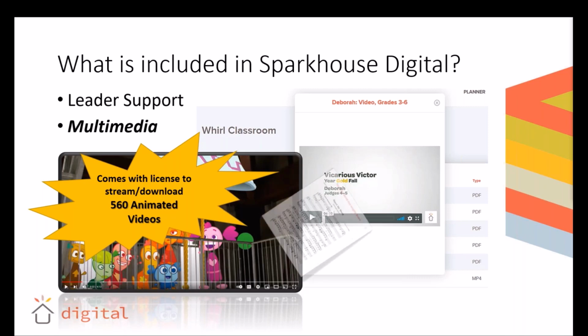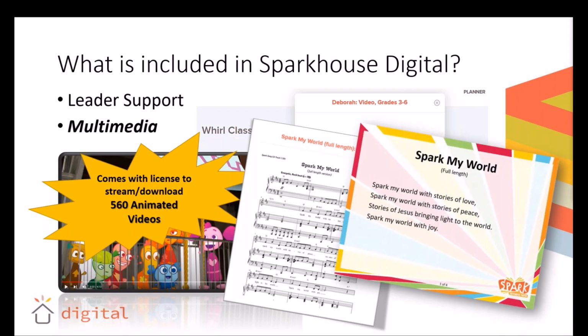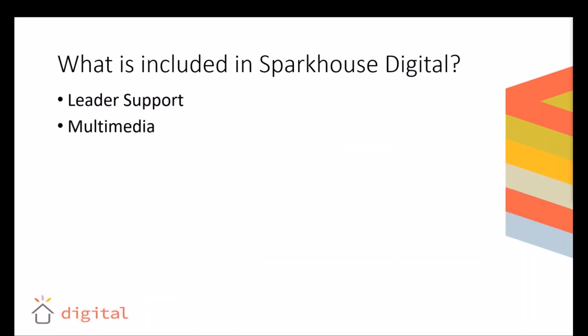That's a bunch. And there's music in Sparkhouse Digital, and not just the scores, but you can find PowerPoint slides that you can project for your classes, and of course the MP3 versions of all this music with or without instruments.